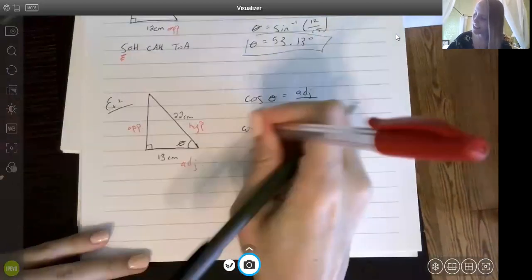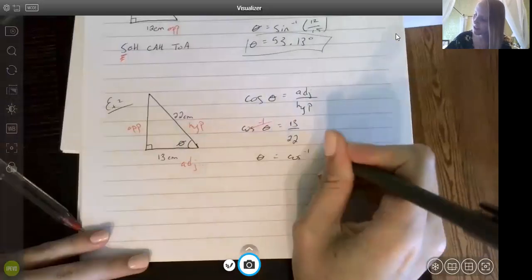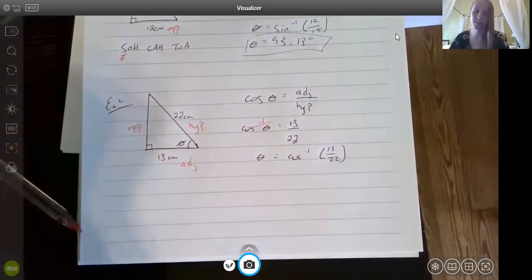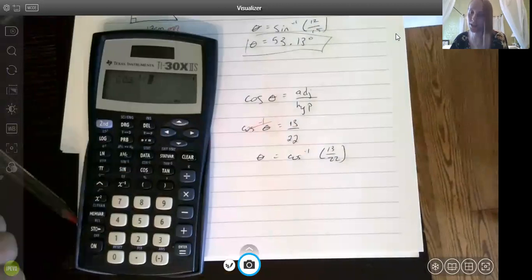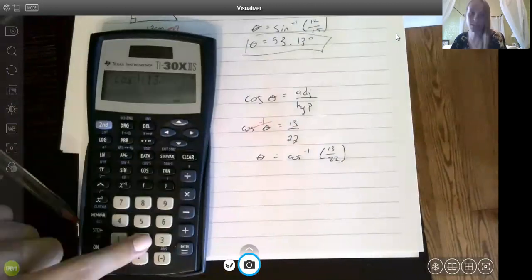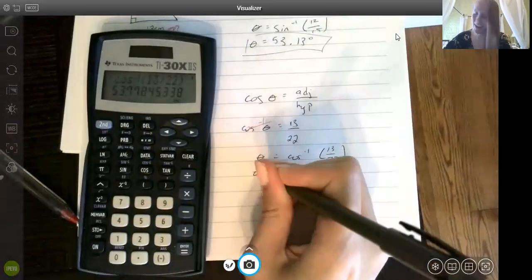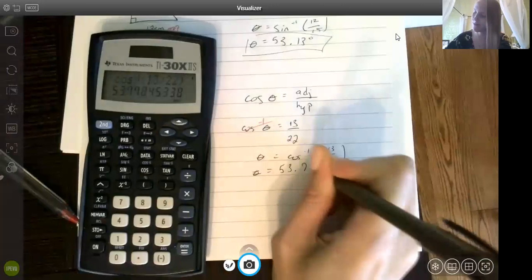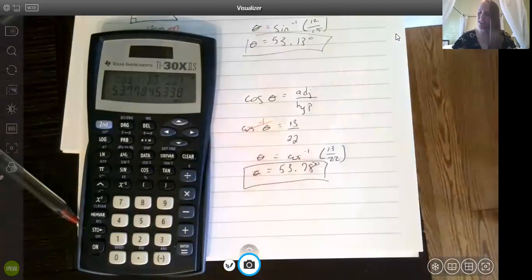Take the inverse of it. And when we plug that in, we are going to have the second cos for the cosine inverse of 13 over 22. Don't forget to close your bracket. And our angle is 53.78 degrees. And that's your final answer.